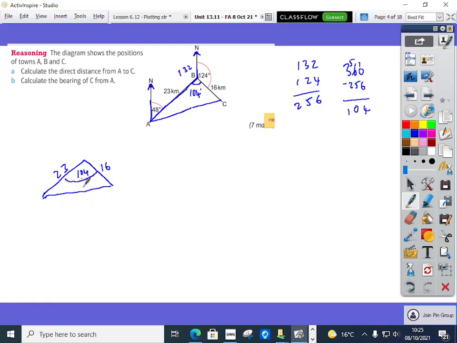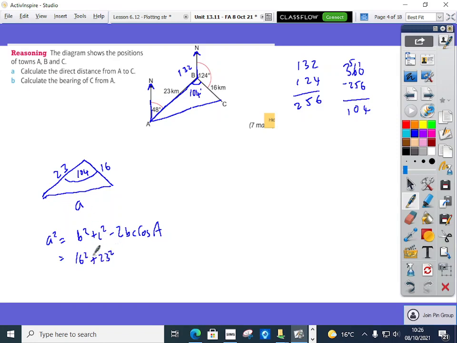Now, we need to find this opposite side. Always remember the angle on the opposite side, I'm going to call that A, and that is going to be my angle A. We should know our cosine rule, because the cosine rule says A squared equals B squared plus C squared minus 2BC cos A, where the angle opposite A is capital A. Now literally all I've got to do is, it doesn't matter which side you put, B or C, I'll use 16 squared plus 23 squared.